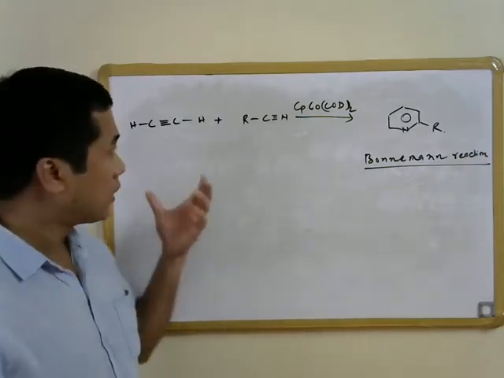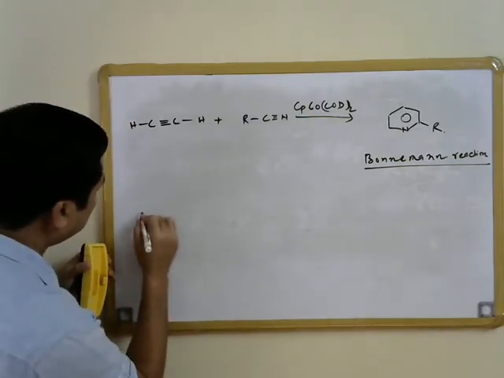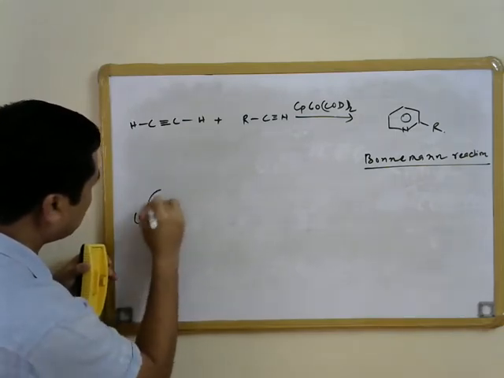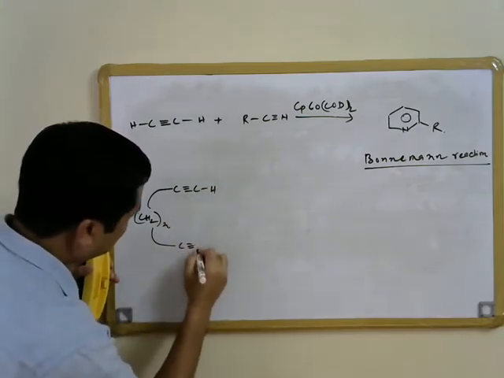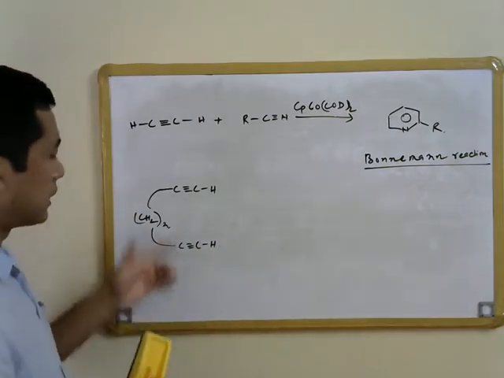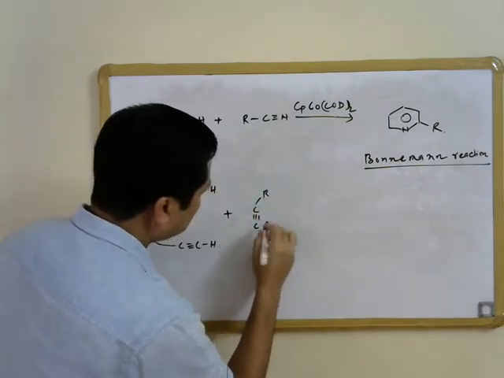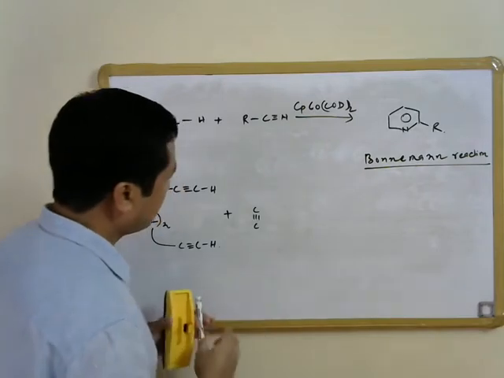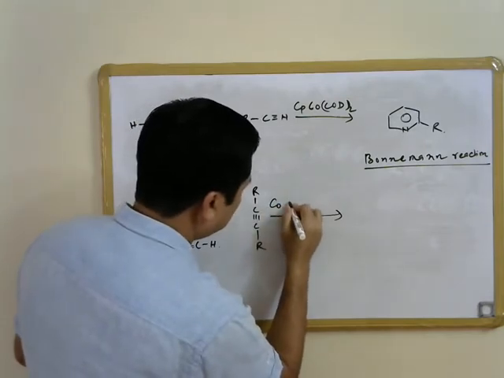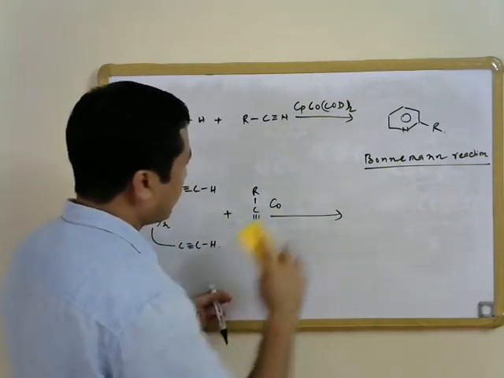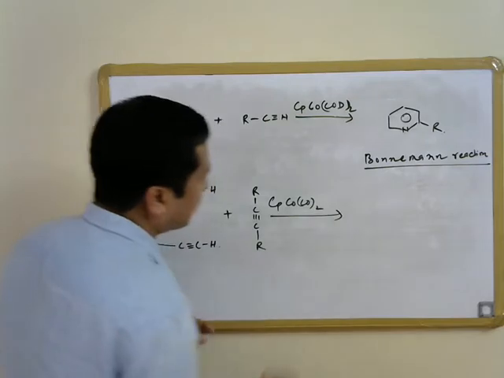Another interesting cyclotrimerization reaction that one can do is, if you take this sort of long chain diacetylene with a terminal acetylene group over here, and then do a cyclotrimerization reaction, again catalyzed by cobalt complexes, that is CpCo dicarbonyl.